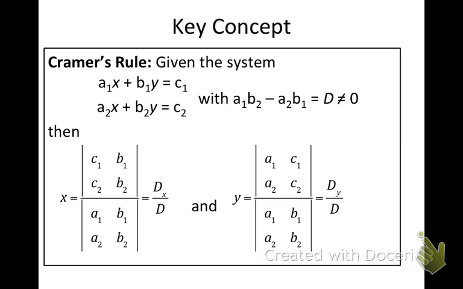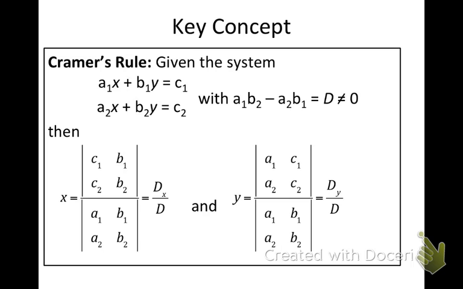So right here are your x and your y variables. Once you do all of this, it's going to turn into some number, which is going to be equal to your x. Where does this number come from? You're going to make a 2x2 matrix of your constants and of your b coefficients, and you're going to find the determinant.